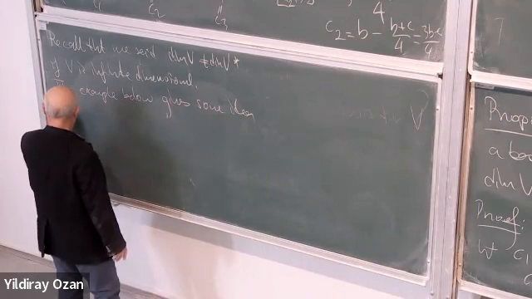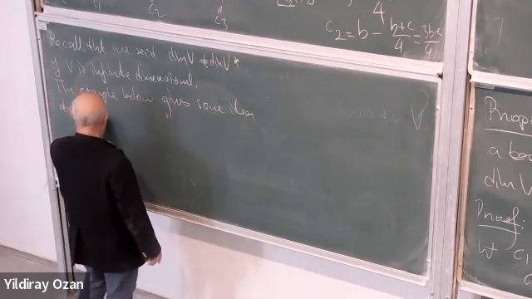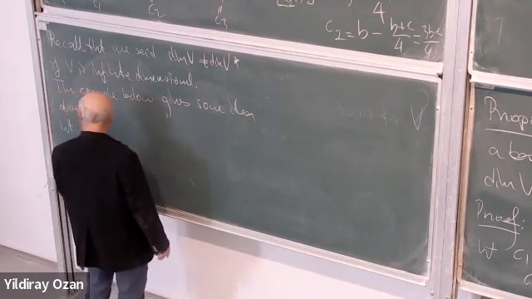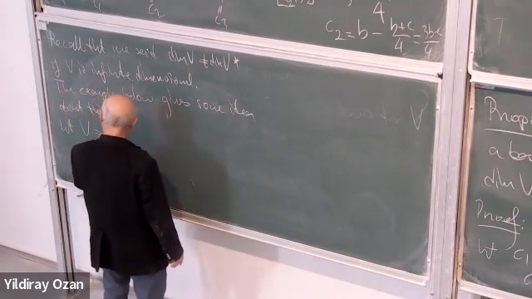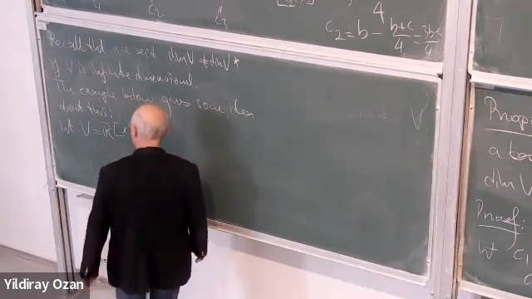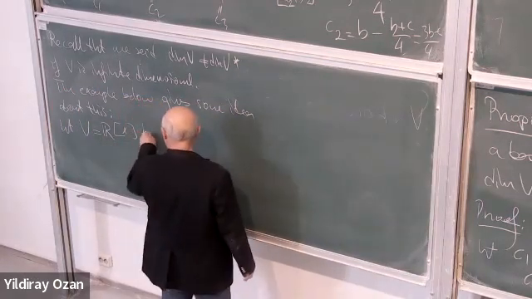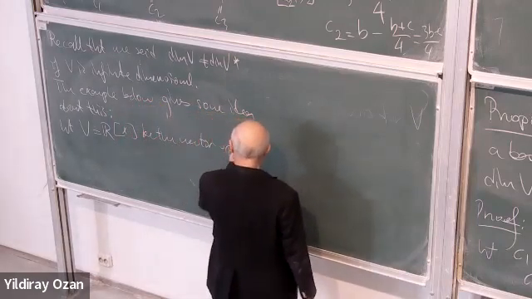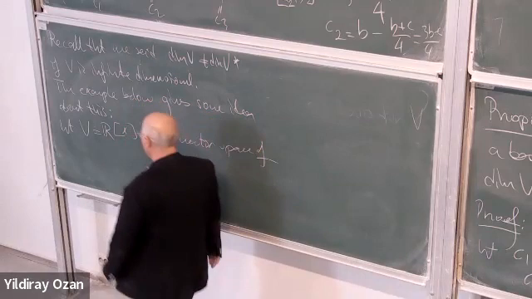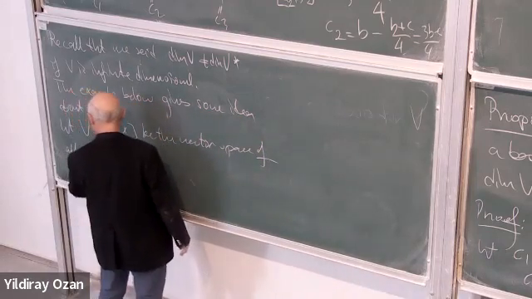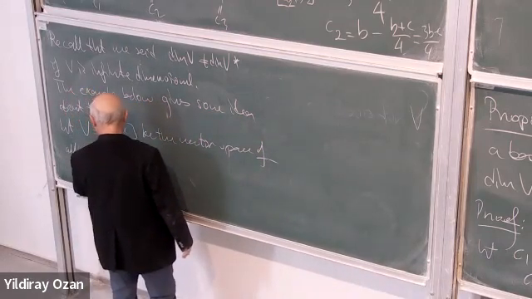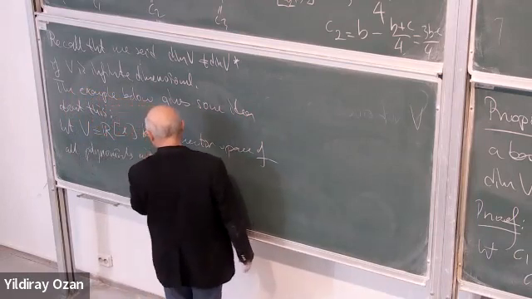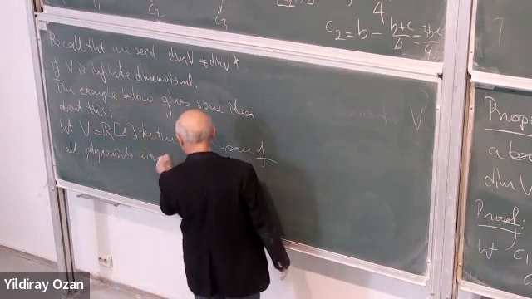So let V be the vector space of all polynomials with real coefficients.